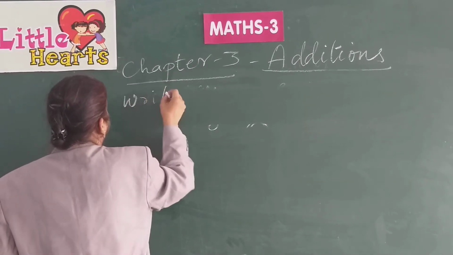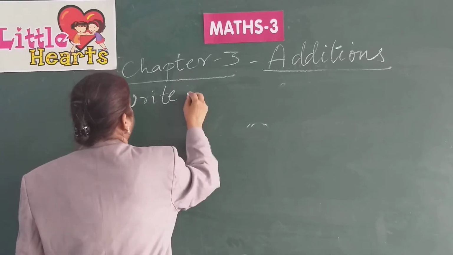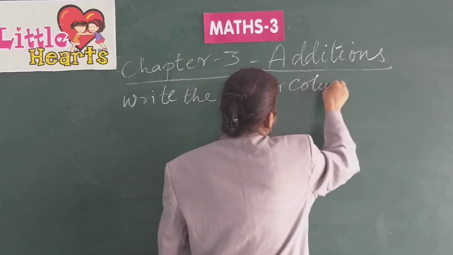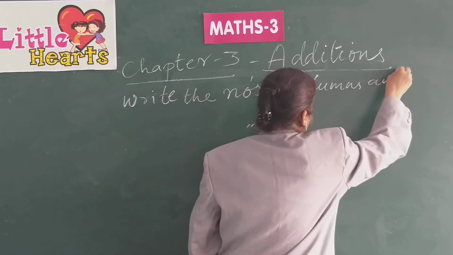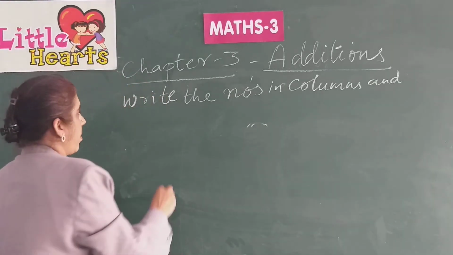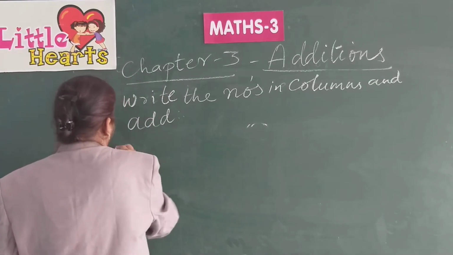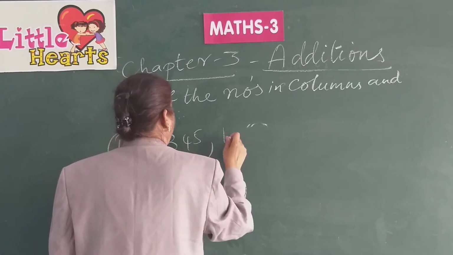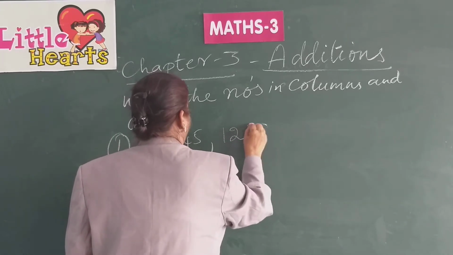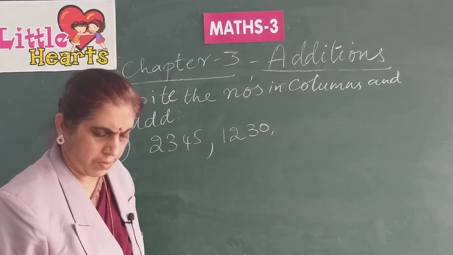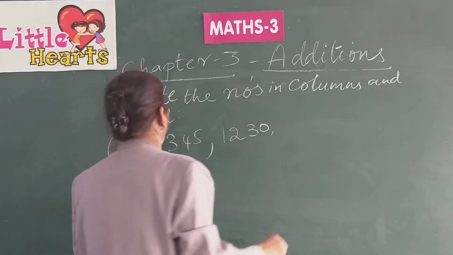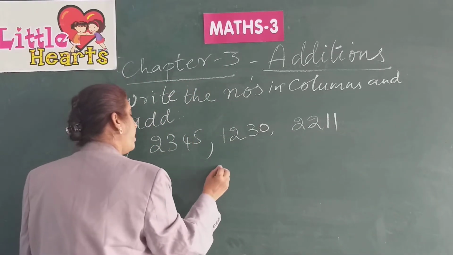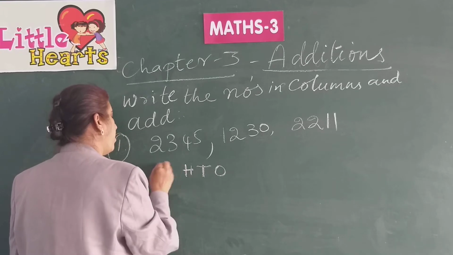Write the numbers in columns and add. First write the places here: ones, tens, hundreds, thousands.